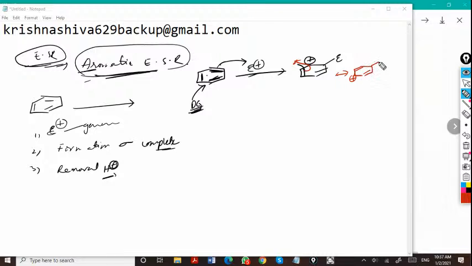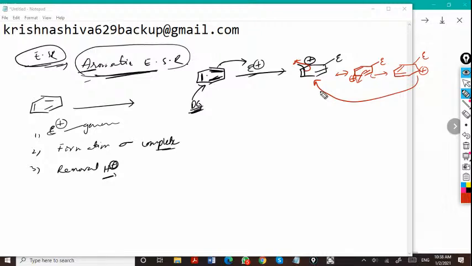Here there was a double bond and here an electron, and again it can delocalize. The carbocation generates here, the double bond generates here, and the electrophile stays here. Again the delocalization results in a similar kind of system.